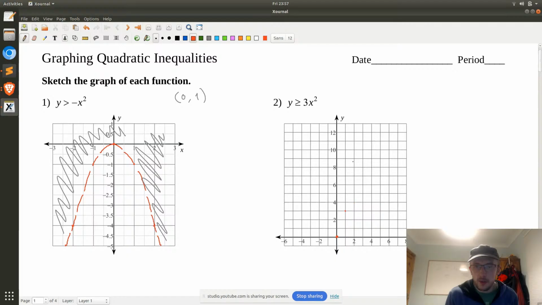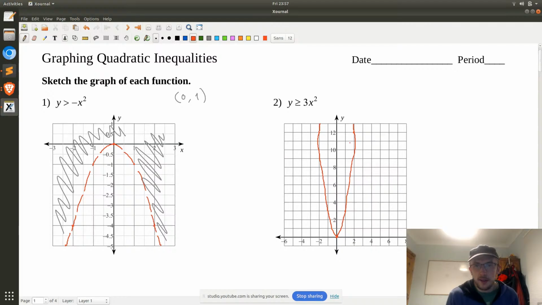Instead of 2, 4, put 2, 12 and make the whole thing symmetric about the y-axis. And there we go. This will be a solid line. Something like that. It's very hard to draw curves correctly with this writing thing.